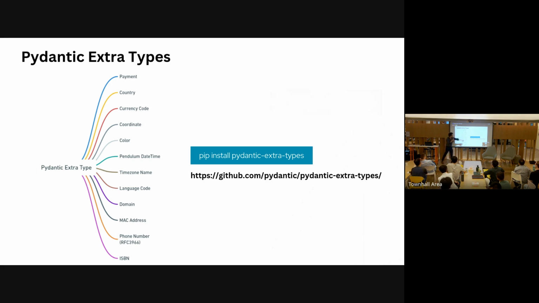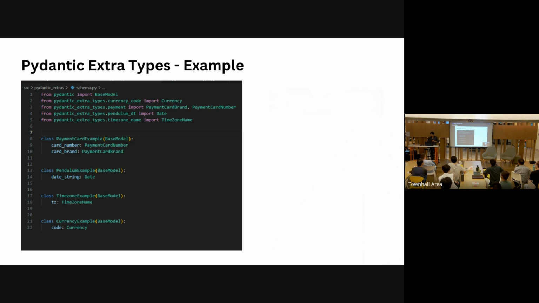You can just run pip install pydantic-extra-types. This is some of the use cases. How we import is pretty simple: from pydantic_extra_types.currency_code import Currency, and from payment import PaymentCardBrand or PaymentCardNumber. I will show you later in the demo.